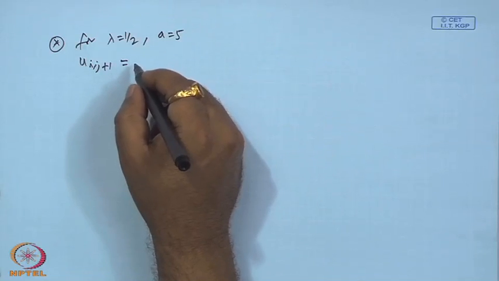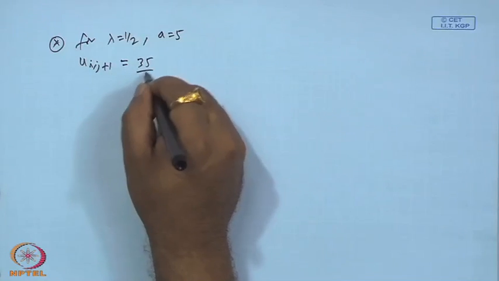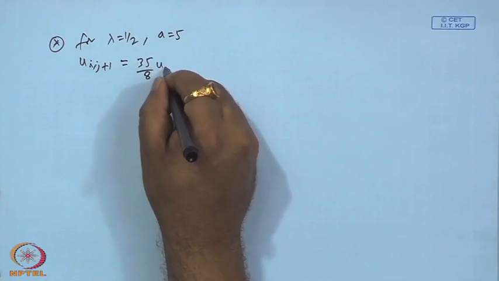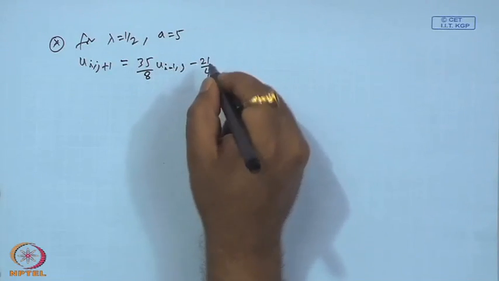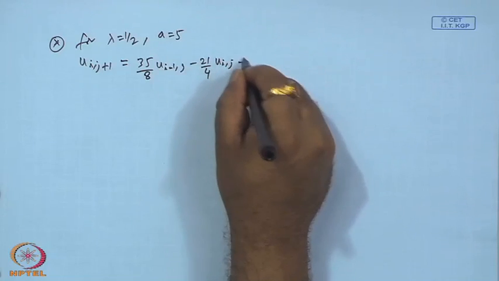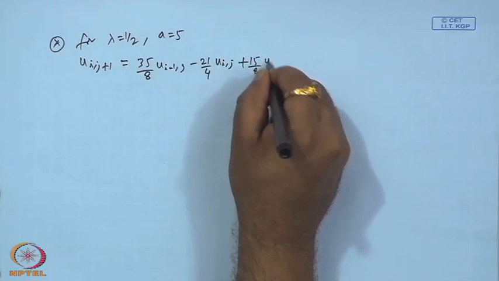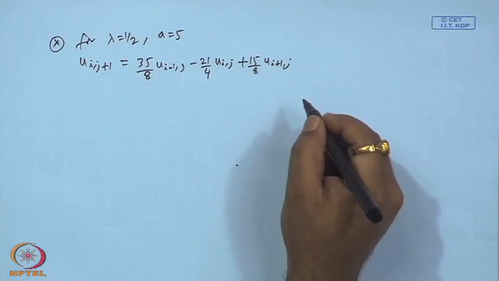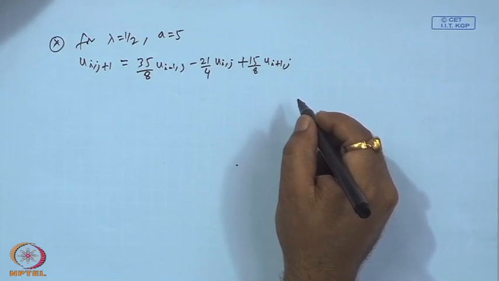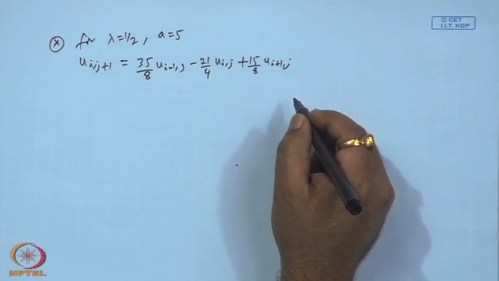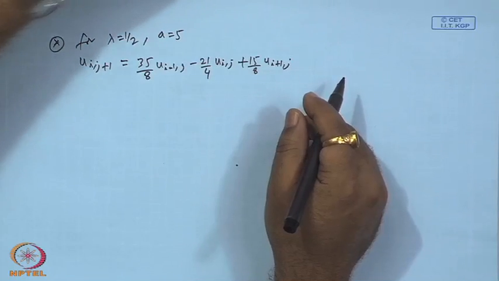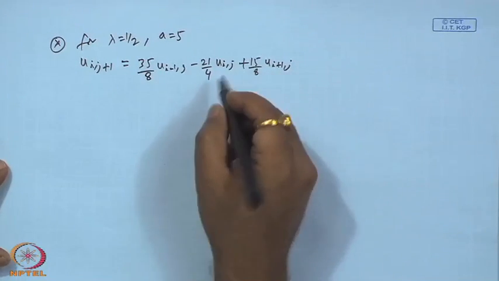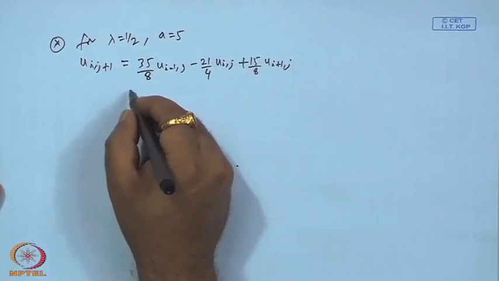For these values, this is given by 35 by 8. Okay. So, it is given by this. So, now we have to compute at various grid points.